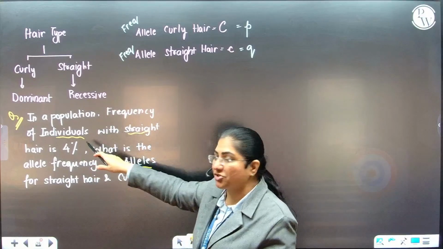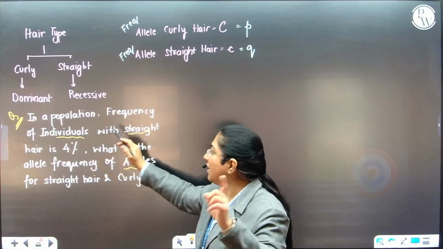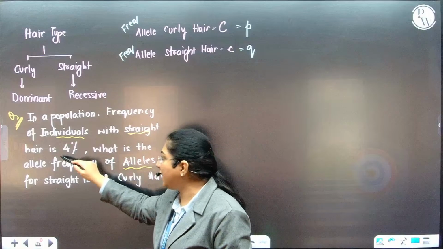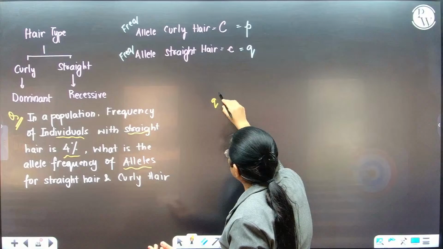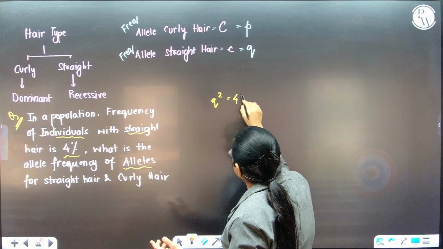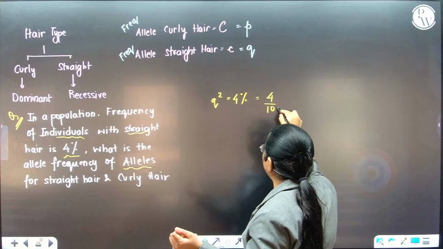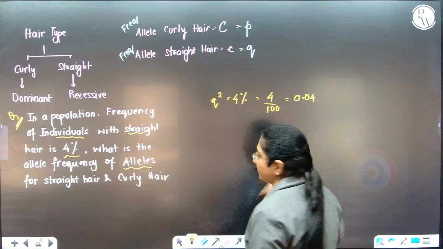They are saying individuals. We all are diploid individuals, so obviously, straight hair is a recessive trait, and hereby it will be q square. So q square is 4%. If it is 4%, my dear children, this is 4 by 100. So our q square is 0.04.